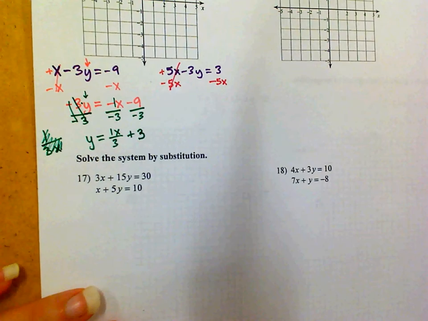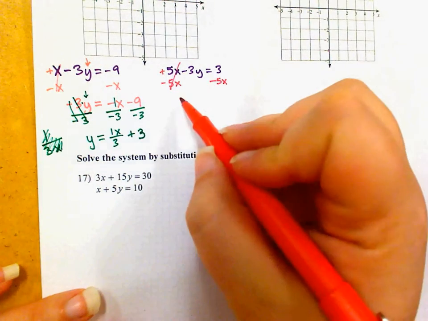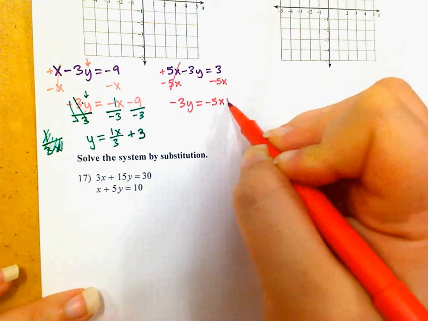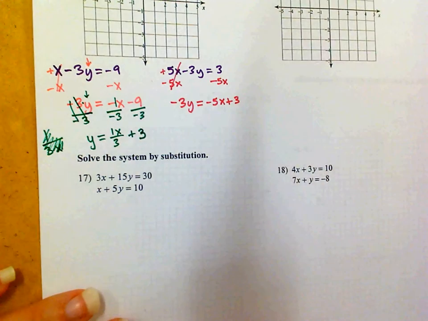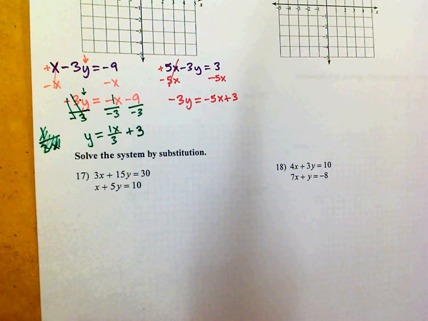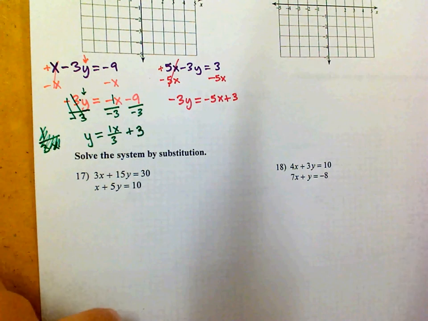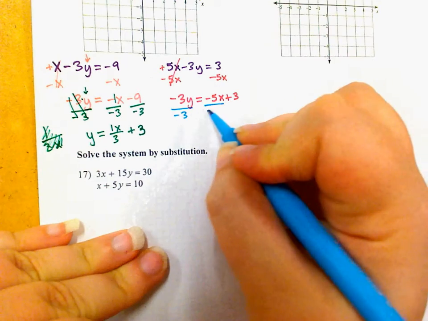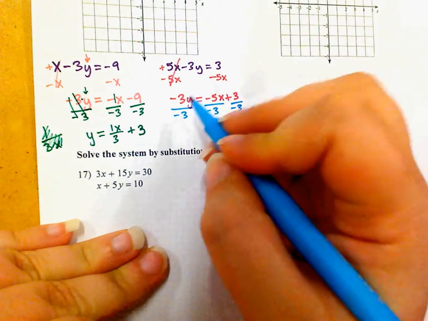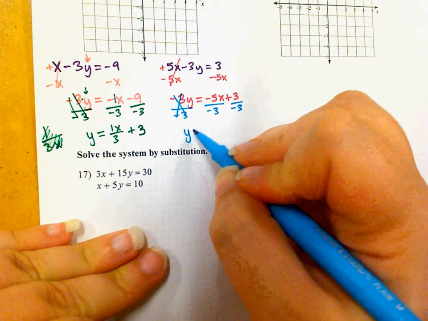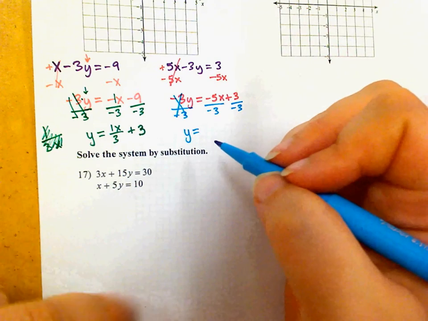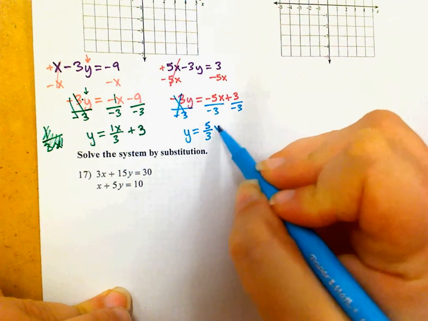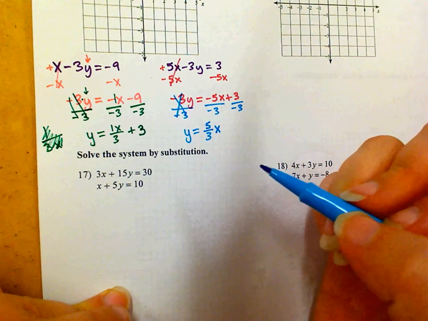So you've got negative 5x plus 3, or 3 minus 5x. I need to divide by a negative 3 again. So I've got y equals, what's a negative 5 divided by a negative 3? Just a positive 5/3. It doesn't simplify. But what's a positive 3 divided by a negative 3? Negative 1.